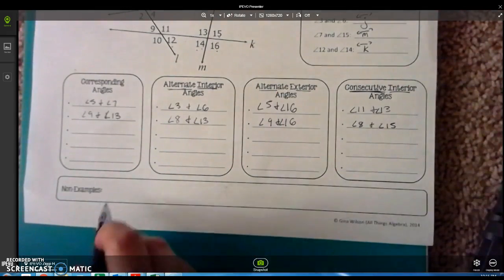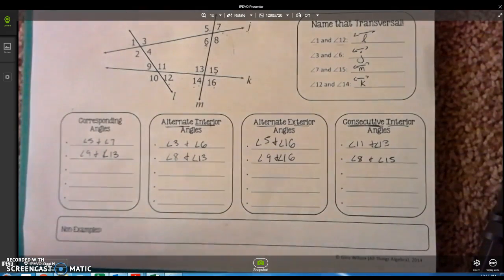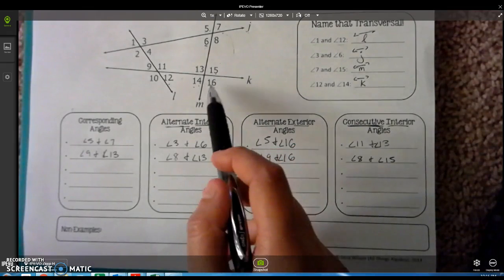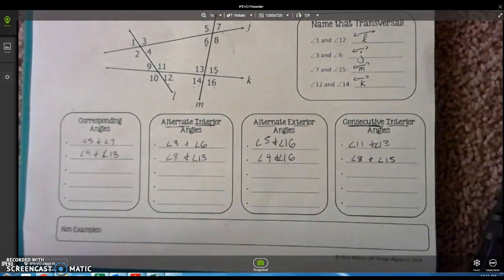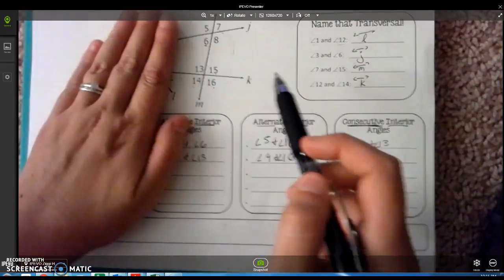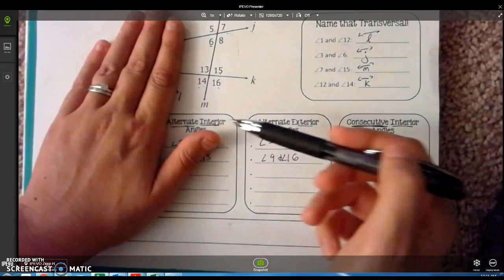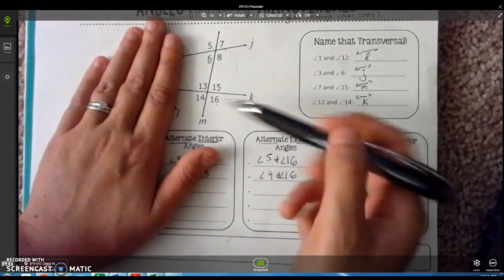Then we've got some non-examples, stuff that isn't going to work. So really you can put anything you want here that isn't going to be one of these things. So let's look at 16 and 6. 16 is on the bottom of K. These are still on the same transversal, right? They're on the same two lines.